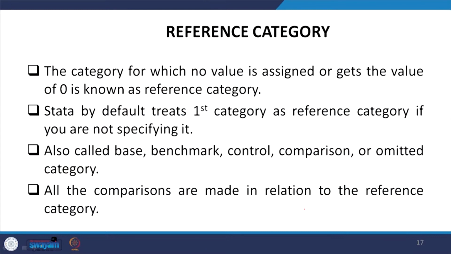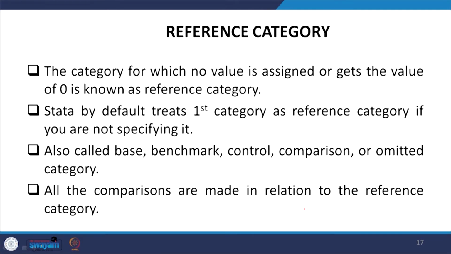The category for which no value is assigned, or which gets the value of 0, is known as the reference category. Stata by default treats the first category in the categorical variable as the reference category if it is not assigned in a different way.